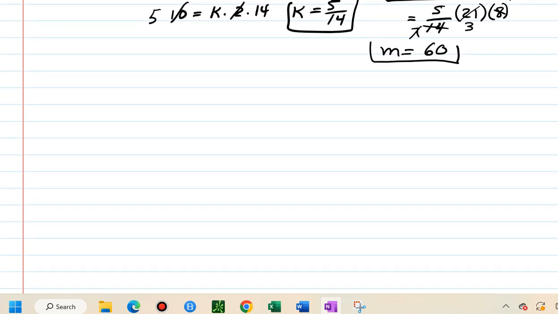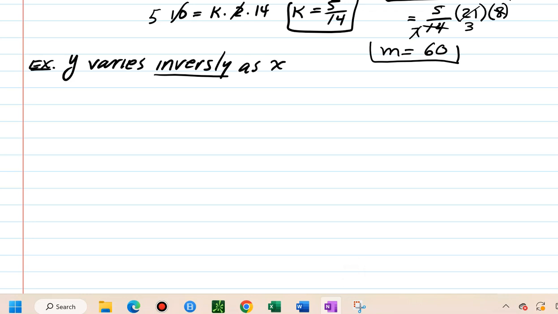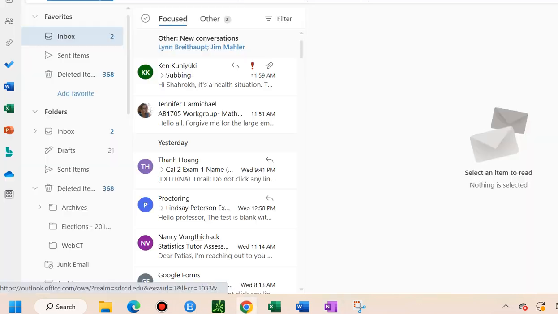Okay, so we looked at the direct, we looked at the joint. Let me make up an example of, I don't know, inverse. How's that? Let's say y varies, this time inversely. Okay, so y varies inversely as x again. And let's say, suppose, whatever numbers we can make up.